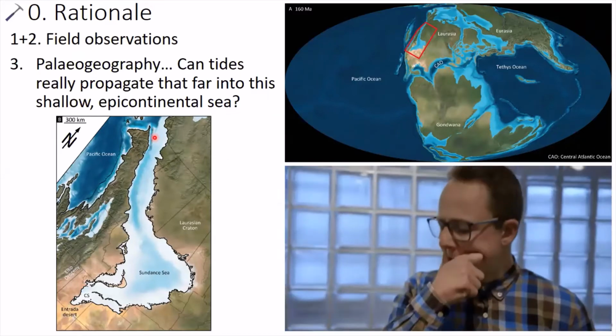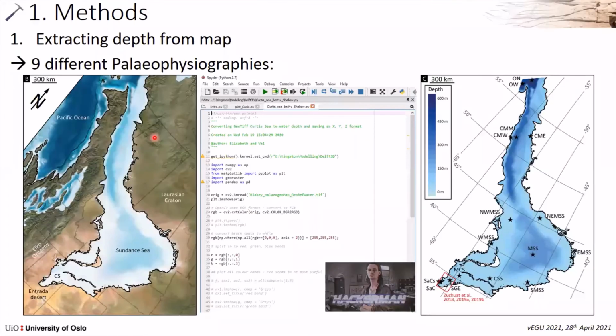So this is why we did this numerical modeling exercise. So we took this map from Blakey, and then we extracted 9 different paleophysiographies. And so what we did is we attributed for each pixel a depth value according to their color.